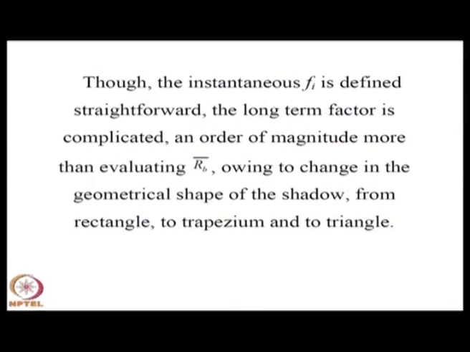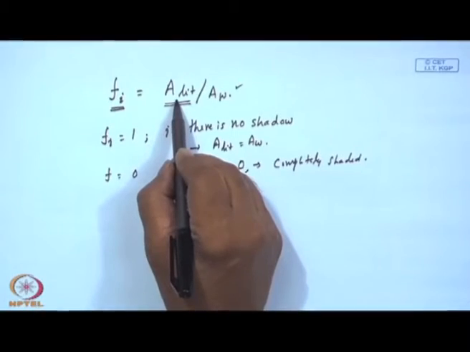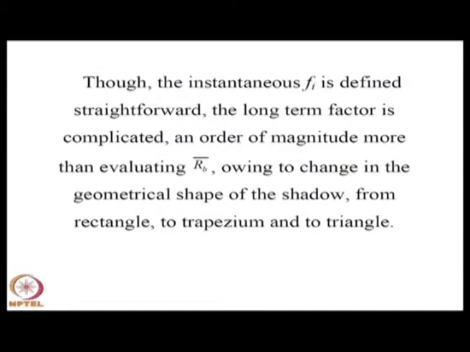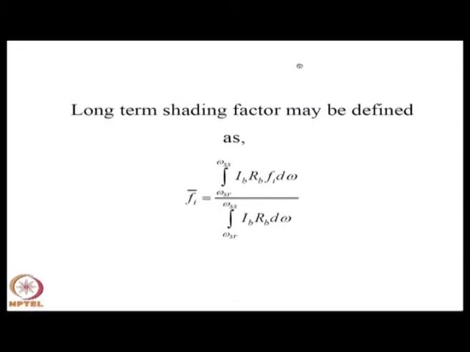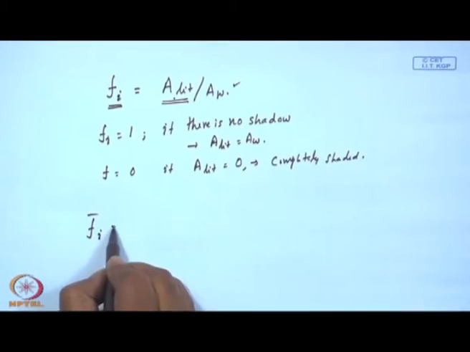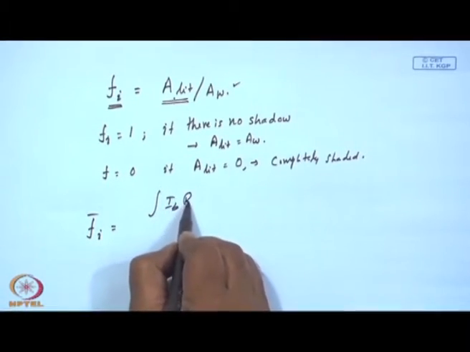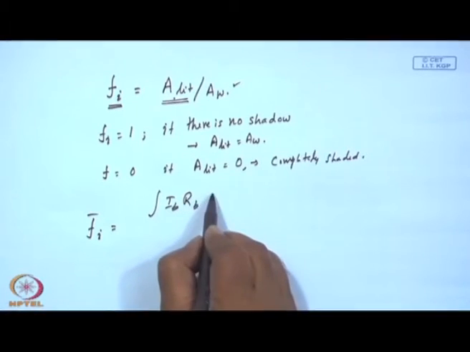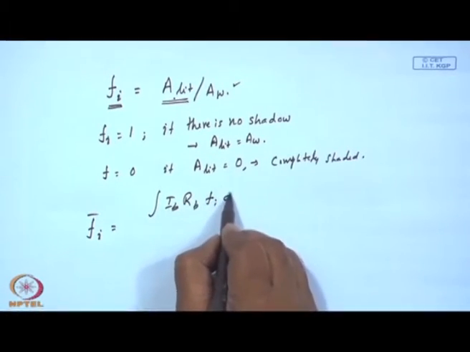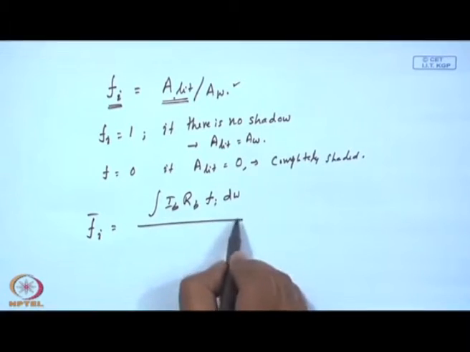So, if you have this Fi on an instantaneous basis, A lit keeps on changing, just like the solar radiation, and also because of the position of the sun. So, if I want a longer term Fi bar, I should use this, borrowing a leaf from the calculation of Rb bar.